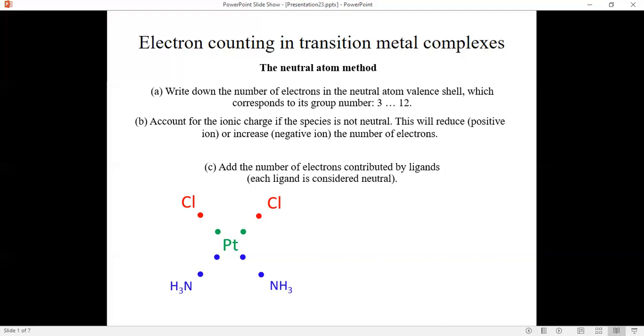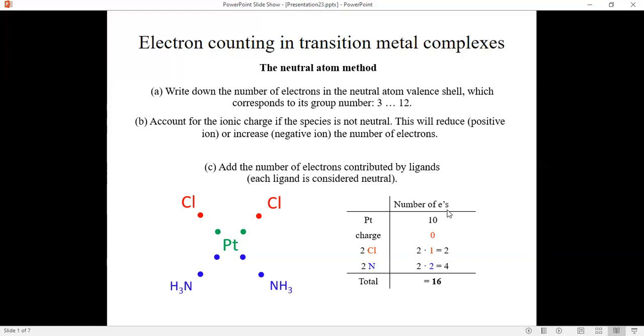Now we can just sum up the electrons that we have counted so far, and the sum gives us the overall valence electrons of the complex. For the platinum we have 10. We do not have a charge, so that doesn't add or subtract any electrons. The two chloro ligands contribute 1 electron each, which gives us overall 2.